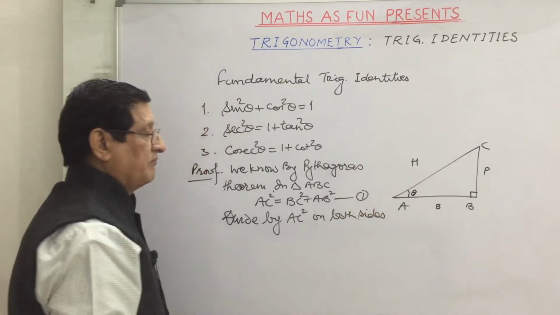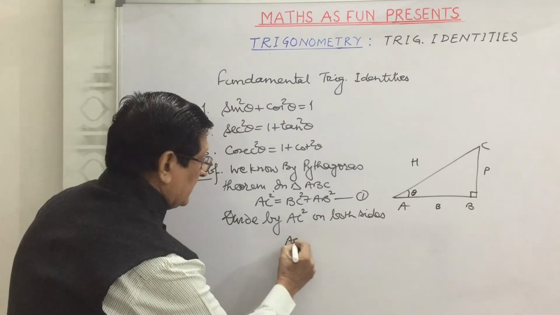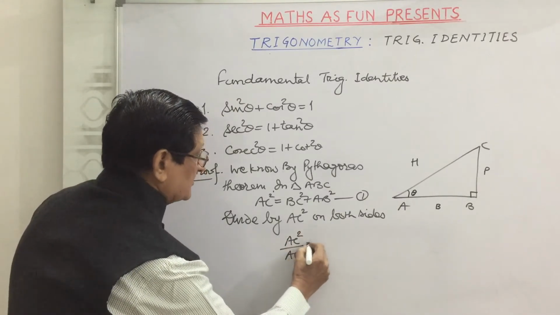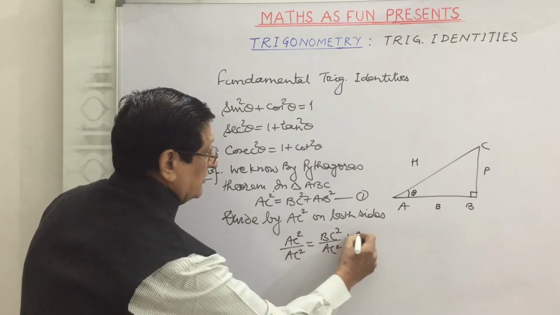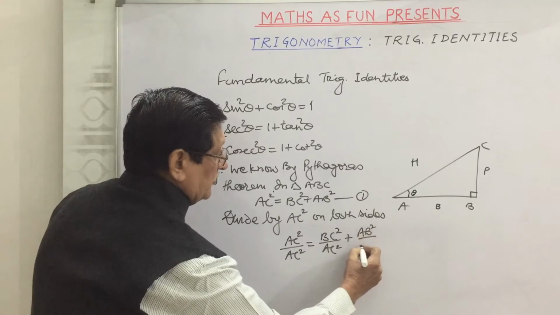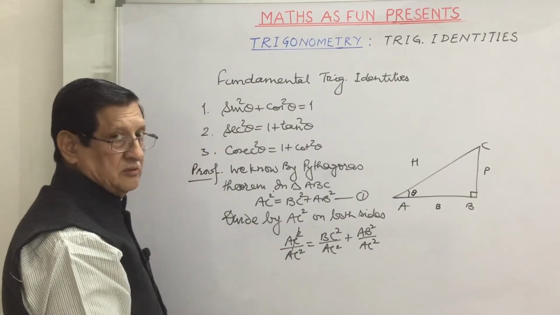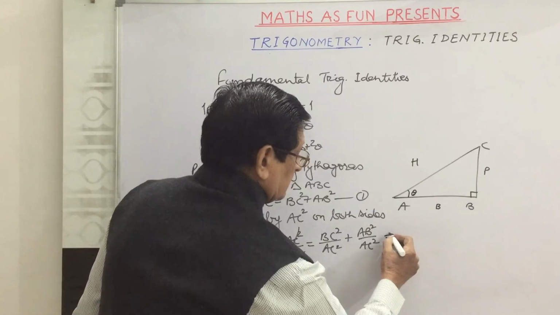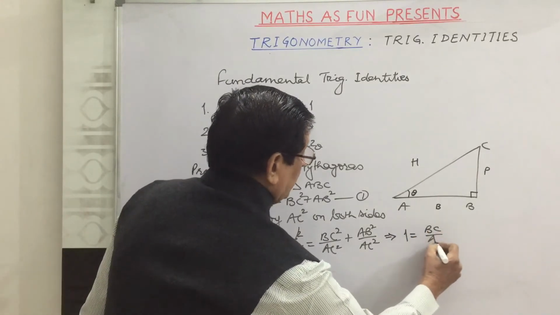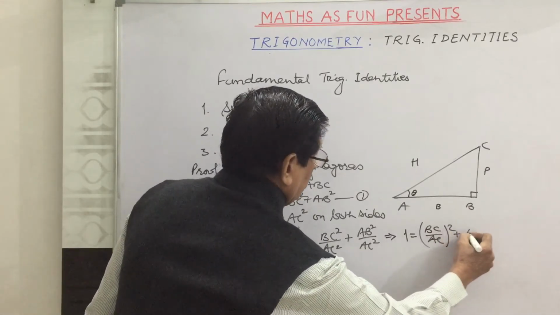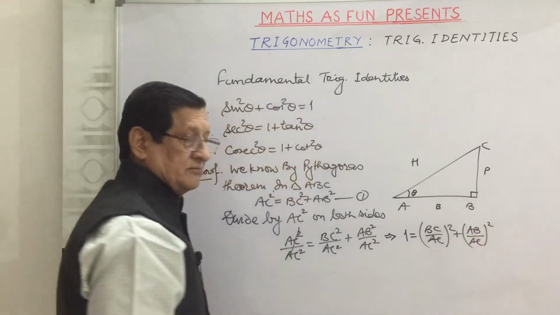If we divide, what we will have? We will get AC square upon AC square is equal to BC square upon AC square plus AB square upon AC square. This AC square cancels. This gives us that 1 is equal to BC upon AC whole square plus AB upon AC whole square.